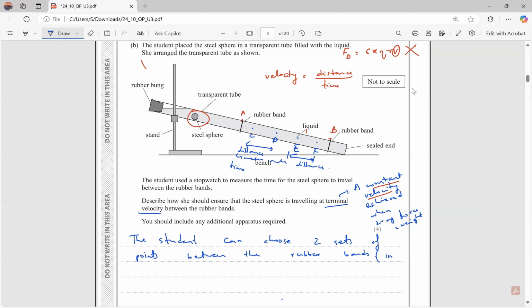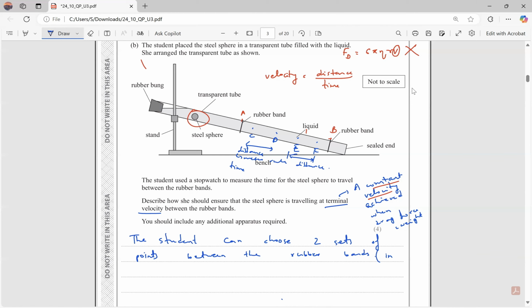We can also, like in any of your questions where there are diagrams, use the diagram to your advantage. You can draw something there and then mention that in the answer if you think it will elaborate your answer. It's not necessary, but if you think it will elaborate your answer.